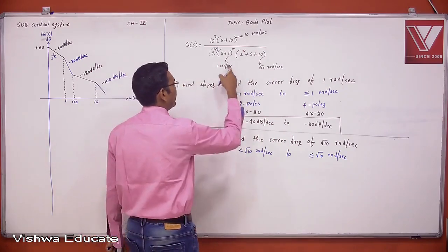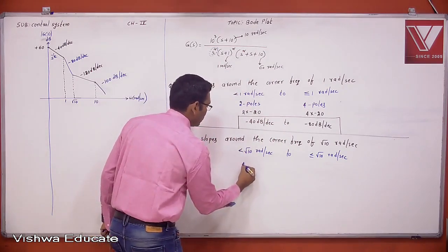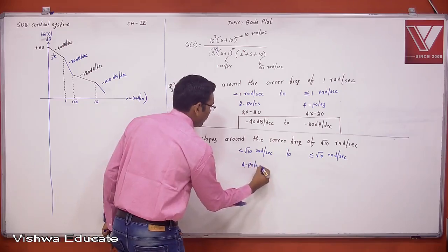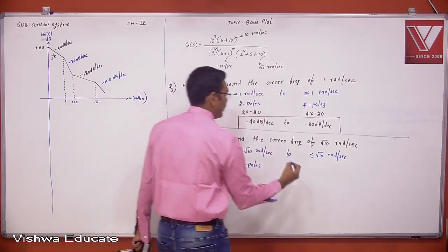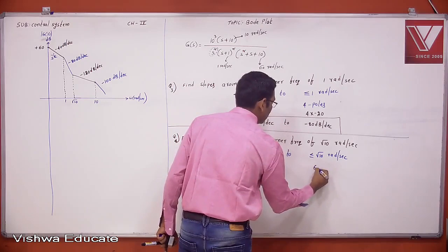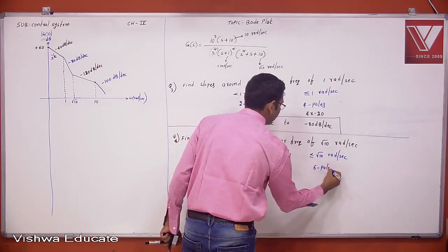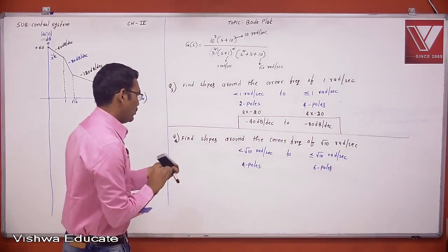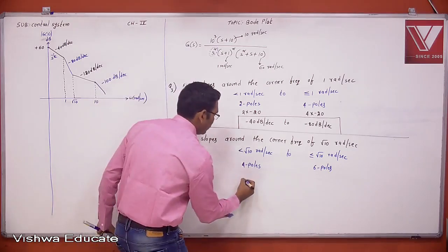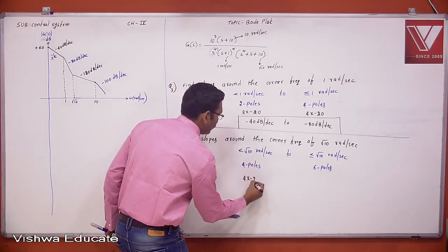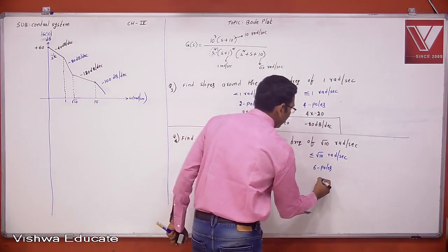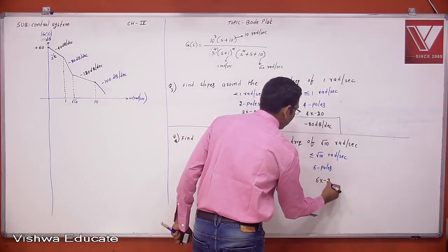Less than root 10 means 4 poles. Less than or equal to root 10 radians per second means 6 poles. Now 4 poles is nothing but 4 into minus 20, and 6 poles is nothing but 6 into minus 20.